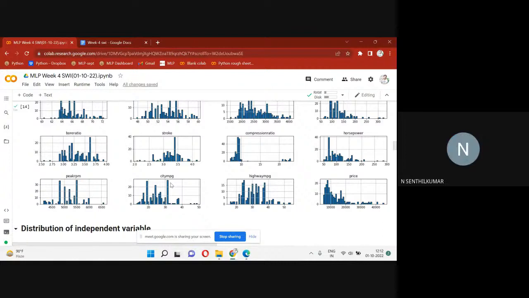Basically both are mileage only. If some car is giving good mileage on the highway, then it will also give good mileage in the city. There would be very high correlation, but if some car gives, say, 100 on the highway, it will give a little less than that in the city.